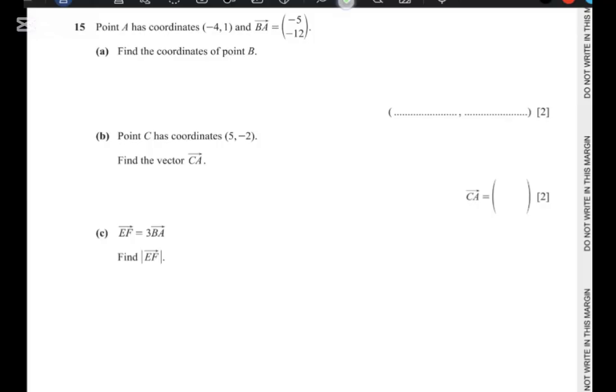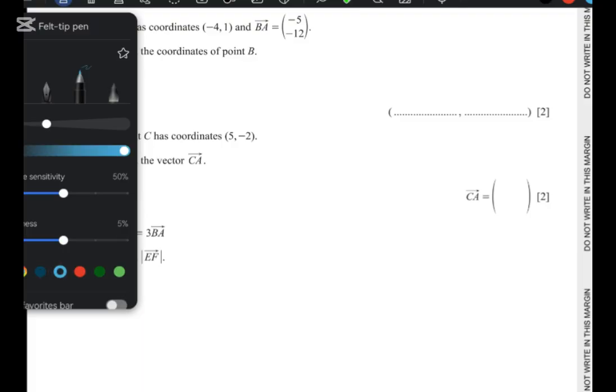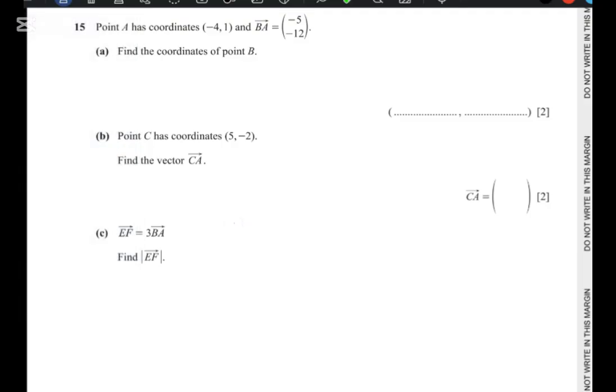Question number 15. Point A has coordinates minus 4, 1 and vector BA is equal to minus 5, 12. Question A, find the coordinates of point B. So here we have been given the vector BA and we need to find the coordinates of B, and we already know the coordinates of A. So BA is equal to OA minus OB.